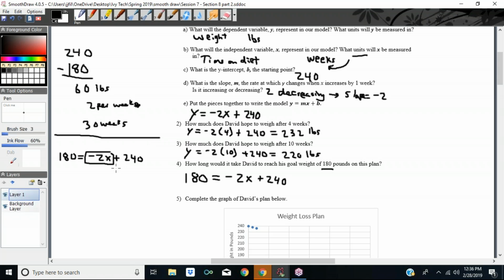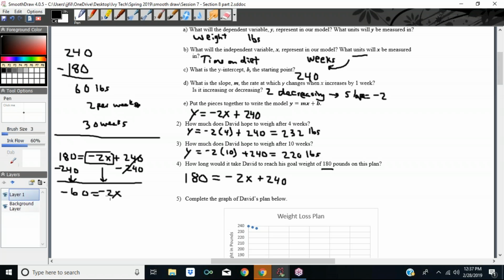So it says plus 240, so we would subtract 240 so that we can get the x all by itself here. So we have to do it to both sides though, because the equations are balanced and we want to maintain the balance. So we get -60 equals, so that's from this side over here. And then this is on this side, -2x.